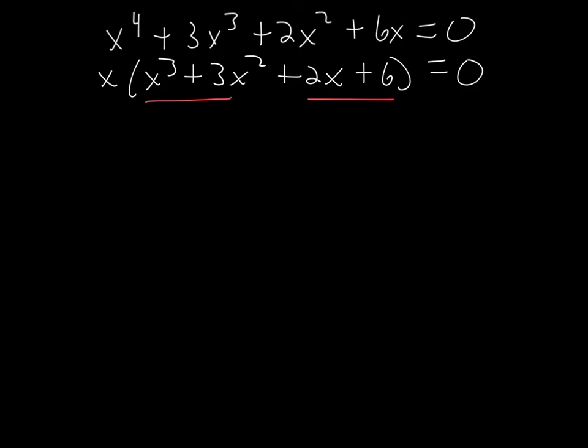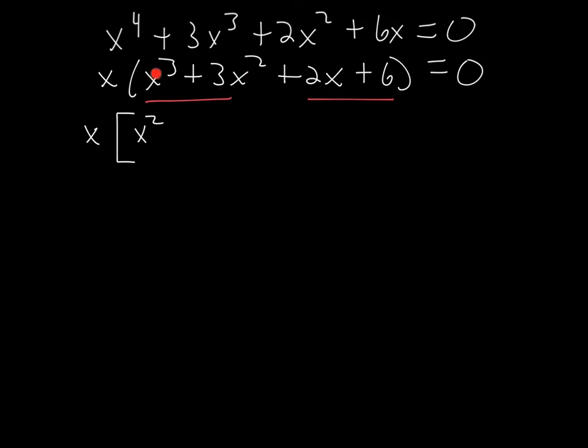Okay, so we're going to just let the x hang out. And then the first underlined red thing has an x squared common. So actually I'm going to put a bracket right here and just let that x hang out on the left there. This x, just let that sit there. Don't even worry about it. We're just focusing on this thing. So there's an x squared that's the GCF of these two things.